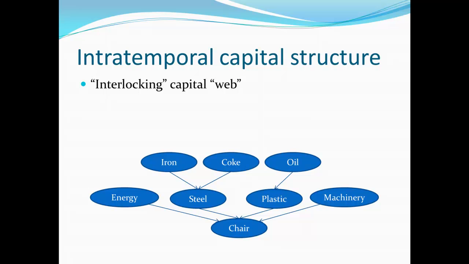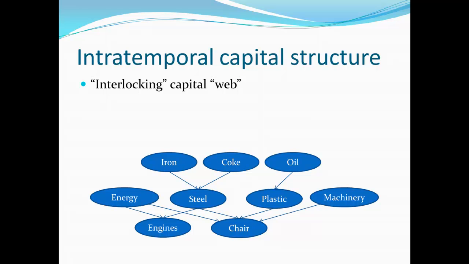So, the point here being, in a sense, every product has a family tree, and that family tree can be extremely complex, especially once we start working back down it and realizing that while steel may be used to produce chairs, it's also used to produce other things. For example, steel and energy in some combination is used to produce engines for cars and motorcycles and lawnmowers, for that matter.